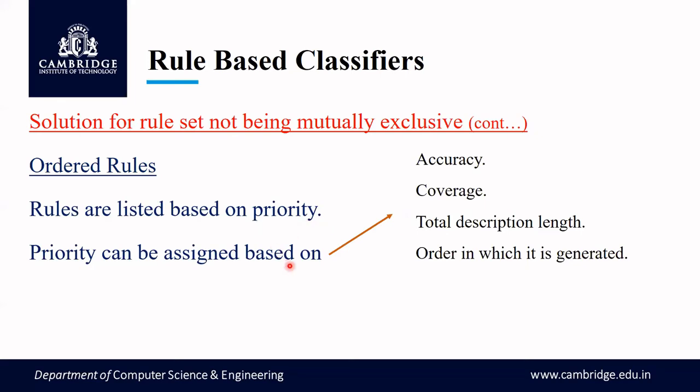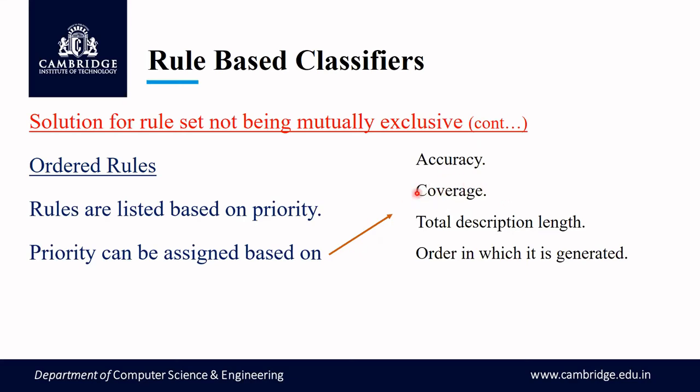Either I can consider the accuracy as the priority and list the rules based on the accuracy. So the most accurate rule will be listed first, then the second most accurate rule, and it goes on. Or I'll consider coverage. Any one of these you have to consider. Don't consider accuracy and coverage both together, it will be very confusing. So either you consider accuracy as a measure, or you consider coverage as a measure.